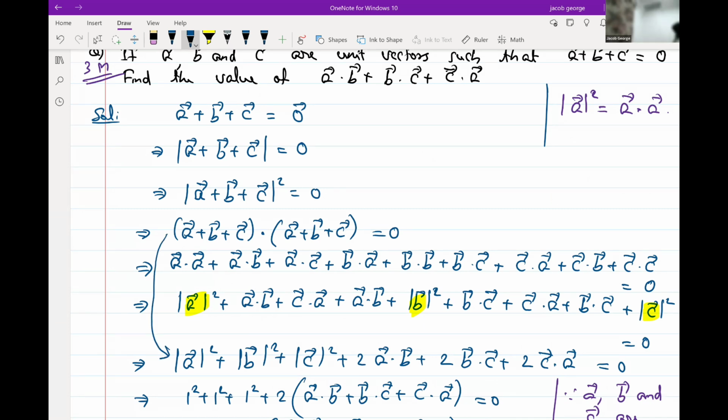What is this? Magnitude of vector A squared plus magnitude of vector B squared plus magnitude of vector C squared plus 2 times A dot B plus 2 times B dot C plus 2 times C dot A is equal to 0. Is this multiplication clear? Because A dot A is magnitude of vector A squared.